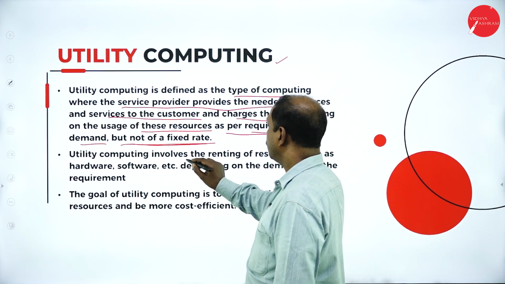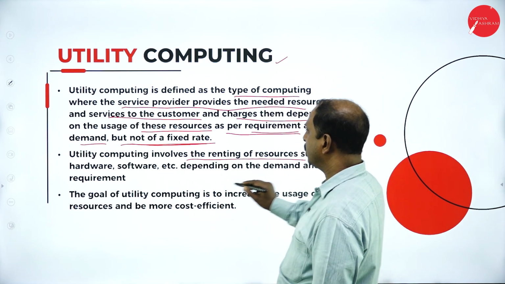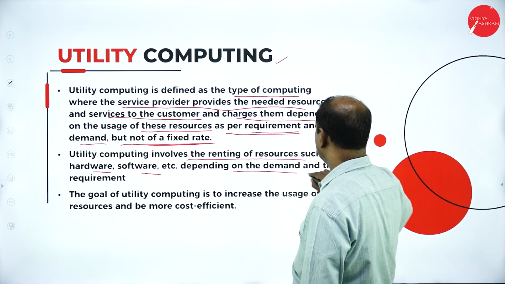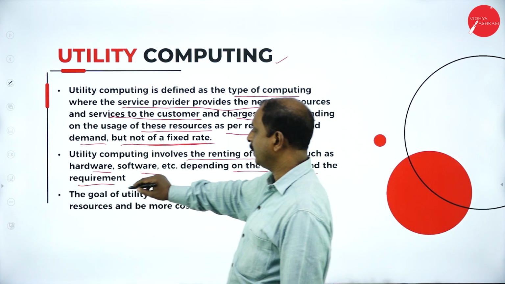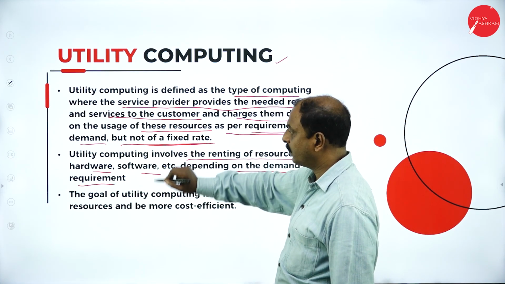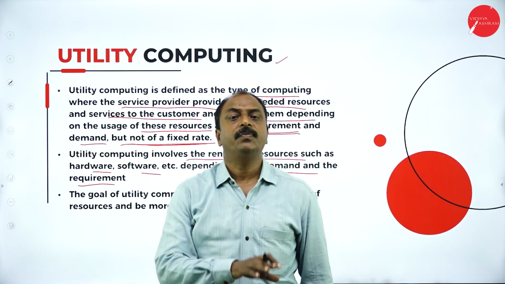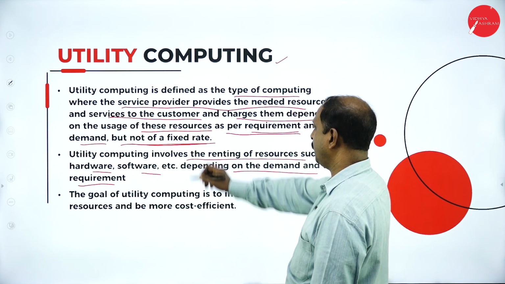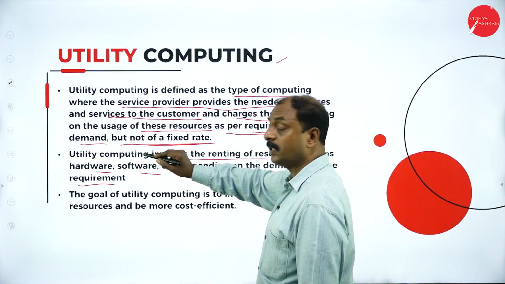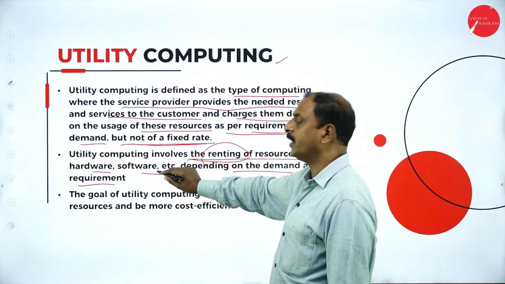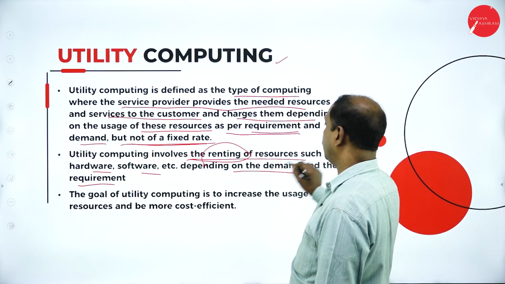It involves the renting of resources such as hardware, software, etc., depending on the demand and the requirement. This is the utility service provider. It is a network, and they are going to have different services for the clients or users. The users rent hardware, software and services on demand.